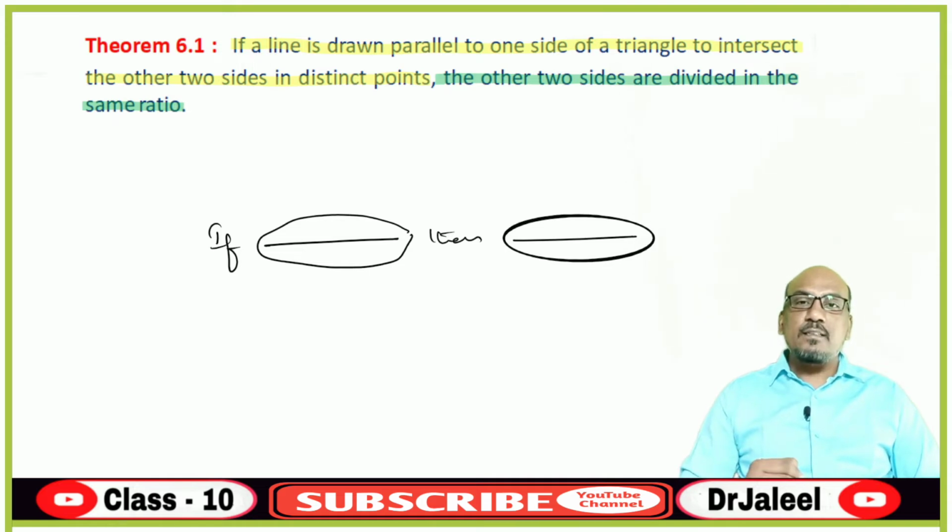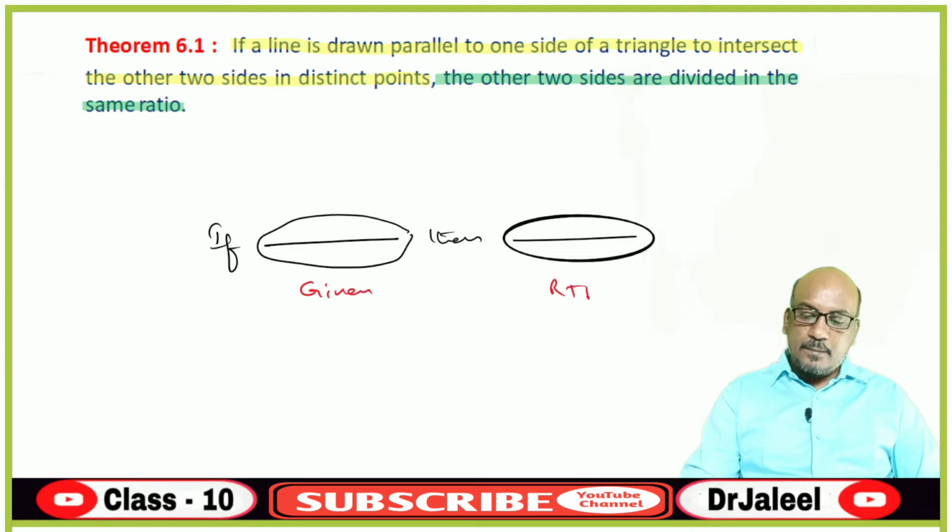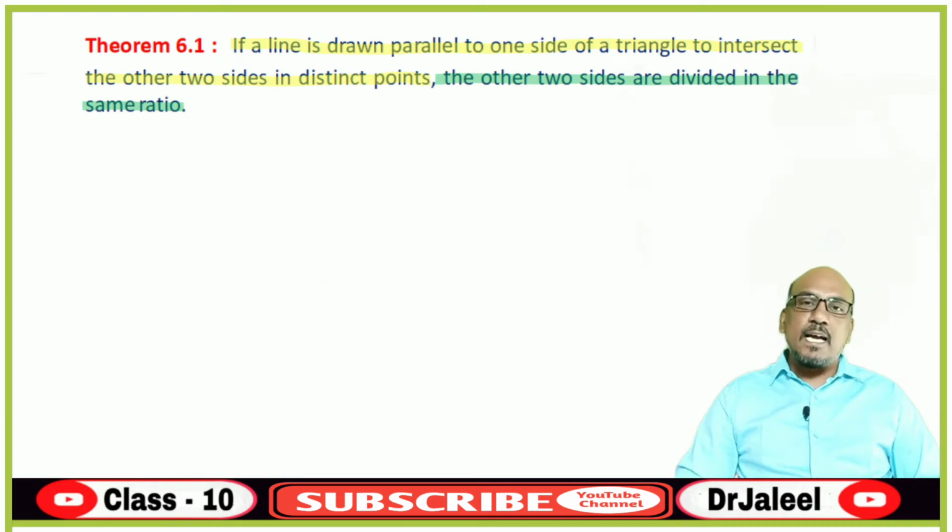That means theorem is a statement which is again having two statements, that is given and RTP. Given and RTP. That means if you read the statement perfectly, you will have RTP and given both in the statement itself. That is the reason I have highlighted the statement with two different colors.